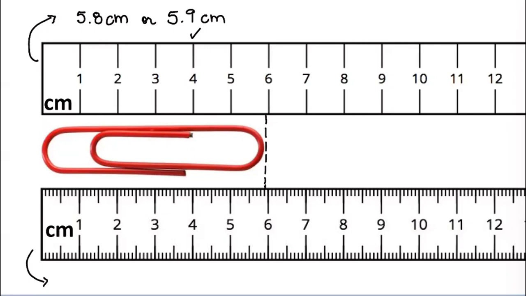The known values for that first decimal place are given. Okay, so for those of you that answer 5.89 centimeters or 5.90 centimeters, or even if you decide 5.91 centimeters, those are all correct.